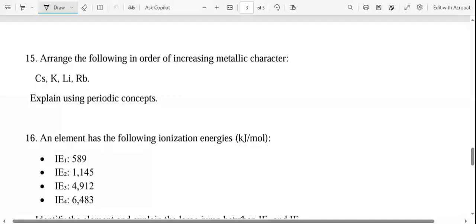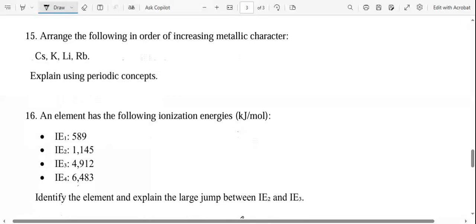Arrange the following in order of increasing metallic character. If you check these, you use the periodic table to identify them. You can't just identify by eye, you check using the periodic table.